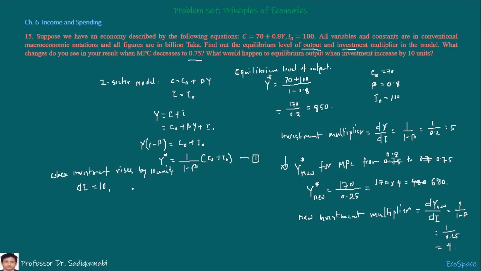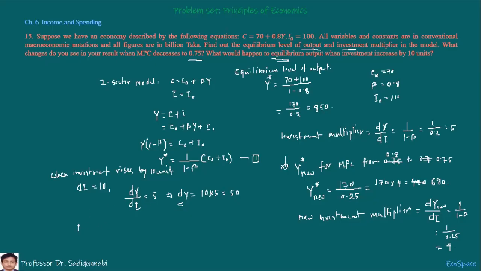Okay, so dy by di equals 5, which implies dy equals di times 5, and di equals 10, so 10 times 5 equals 50. So the change in equilibrium is 50 units.